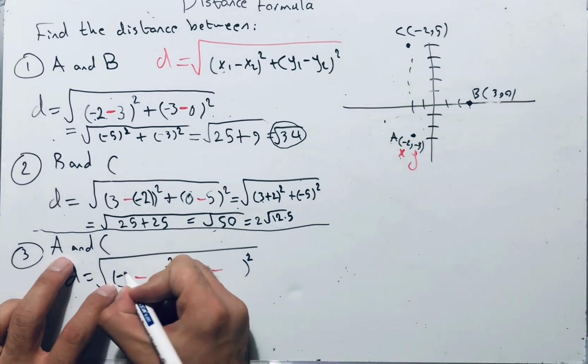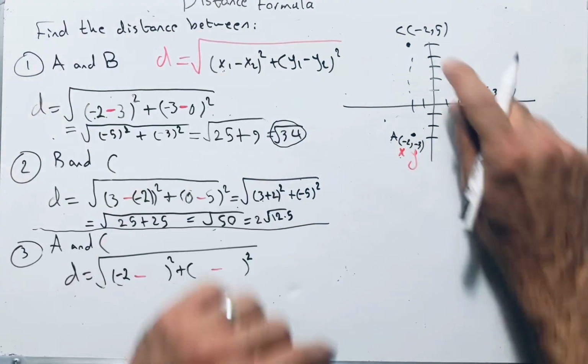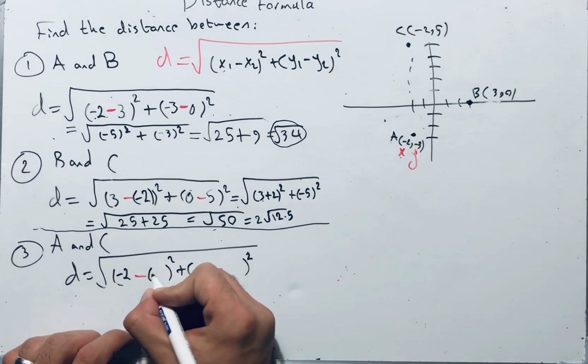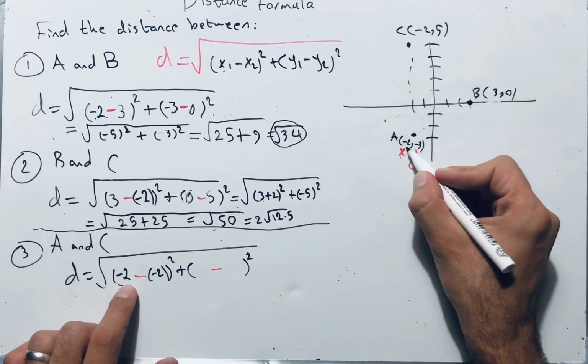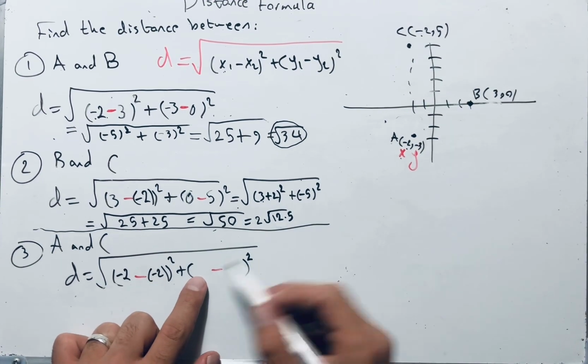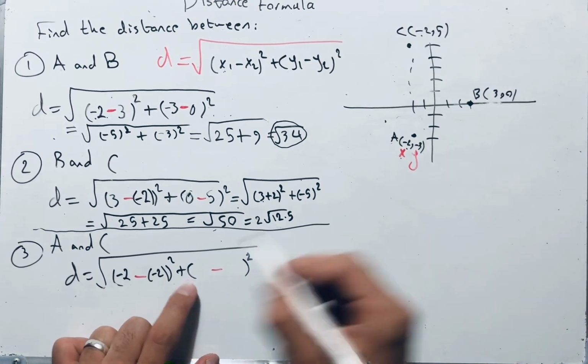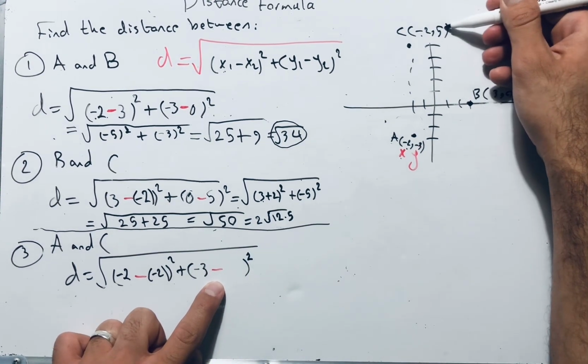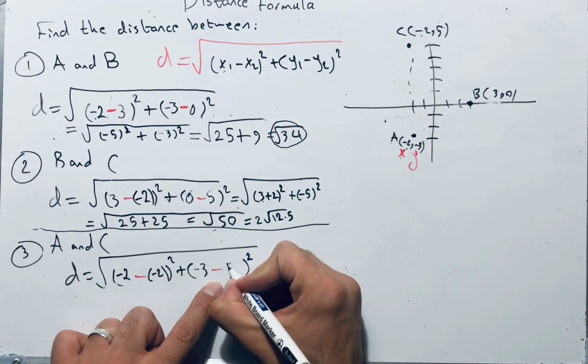It's negative 2. And x for C is, again, surprisingly, negative 2. So negative 2 is x1, negative 2 is also x2. And then y1 for A is negative 3, and then y2, which is for C, is just 5.